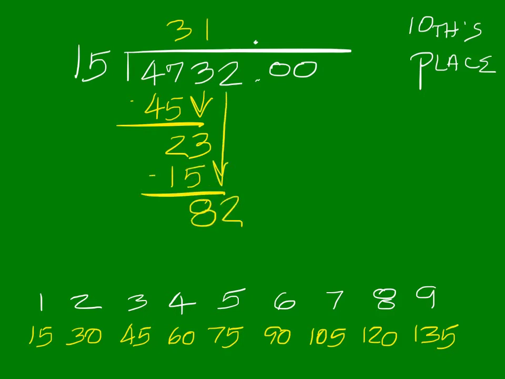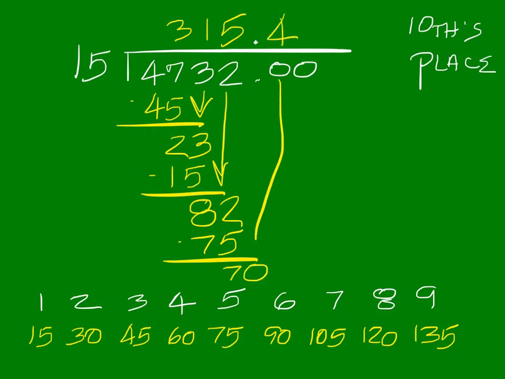Drop a 2. 15 will go into 82 5 times. Subtract and come back with 7. Drop a 0. And 15 goes into 70 4 times. That would be 60, so I have to write it over here.